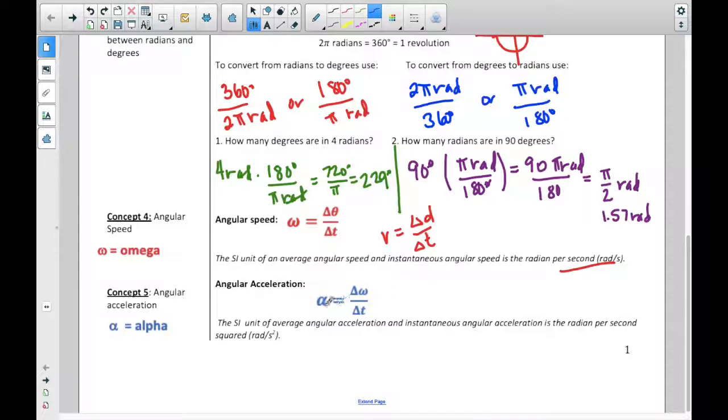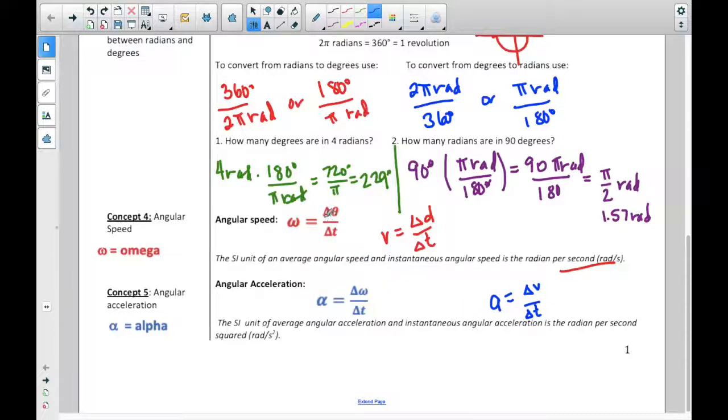Angular acceleration is alpha, change in velocity over change in time. And again, remember back to the linear, we had that acceleration, linear acceleration, was change in velocity over change in time. And these two were not on the AP sheet, so they were just things that we need to understand and know.